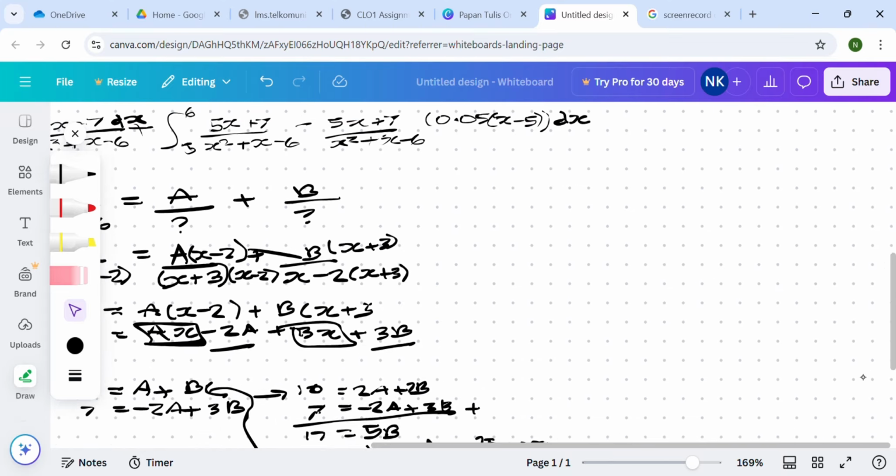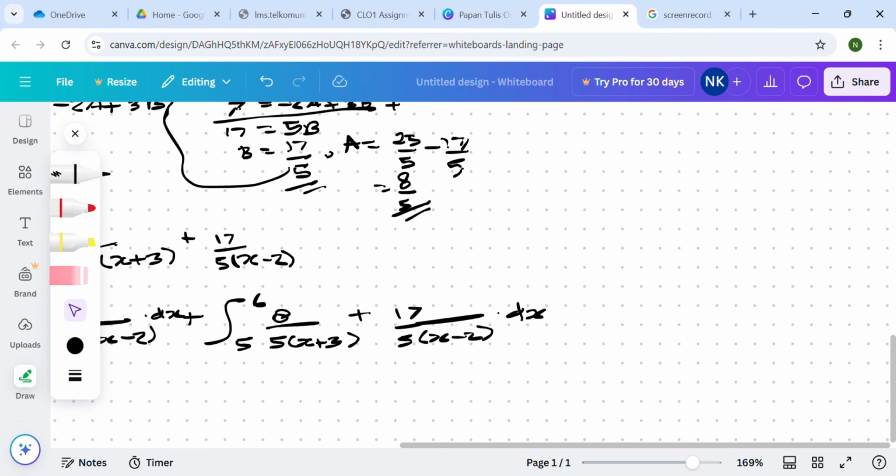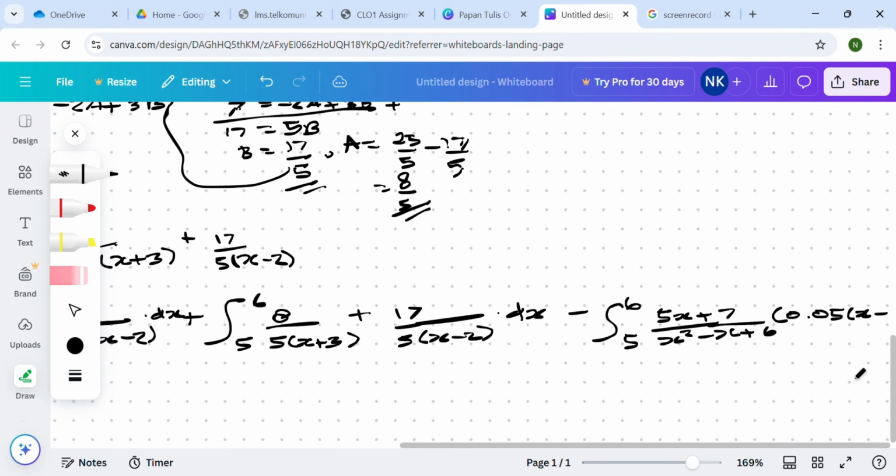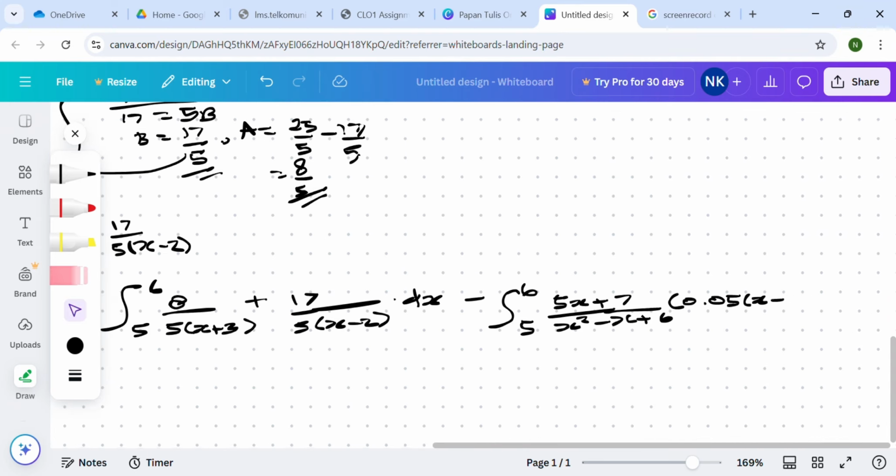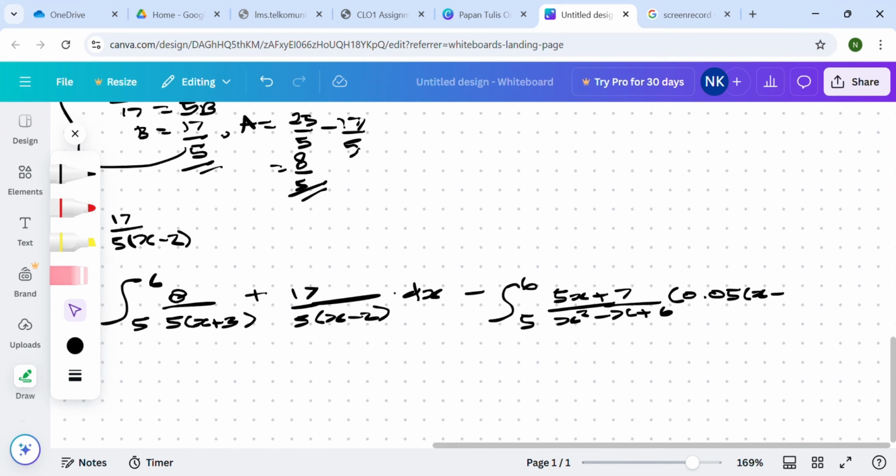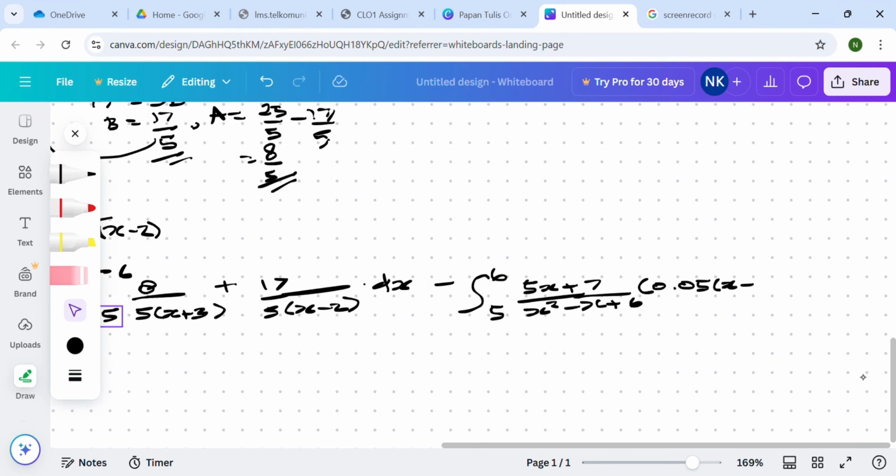So minus 5x minus x squared minus x plus 6 times 0.05 x minus 5.